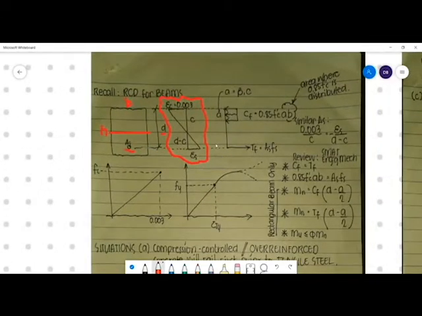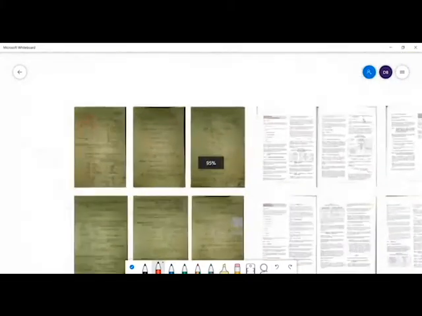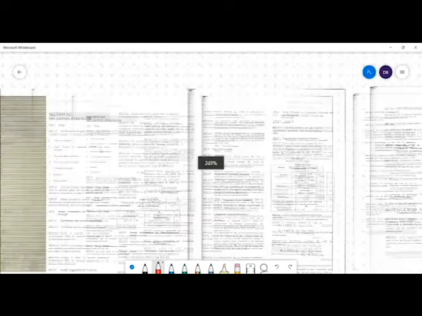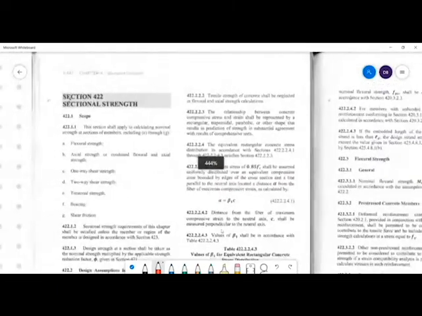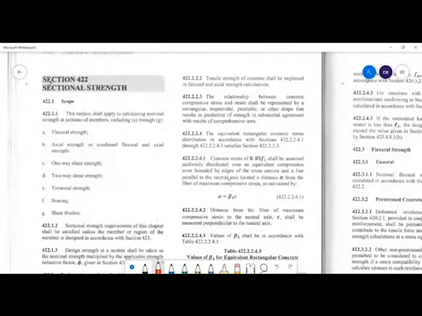Let's go back to the codes. So tutuloy natin yung pagbabasa ng codes. We are going to, from section 422.2.2.4, the equivalent rectangular concrete stress distribution in accordance with sections 4.1, 4.3, satisfies 422.2.2.3.